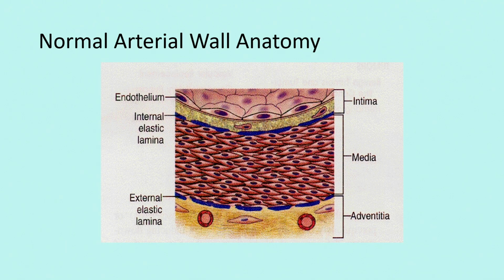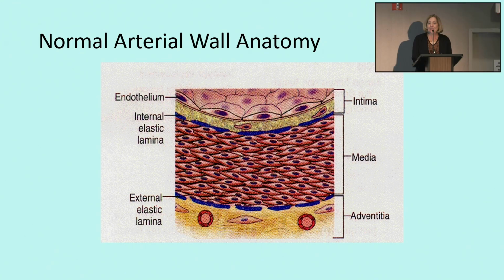So let's get started. And as everything starts with these talks, we have to really think about the normal layers of the arterial wall and its anatomy. This is something that's very important, and wall disorders, endothelial dysfunction, those are things that were discussed a little bit at our CME meeting last night.